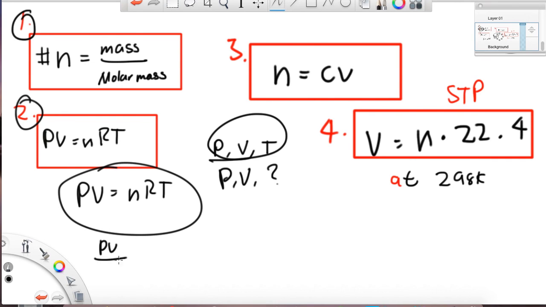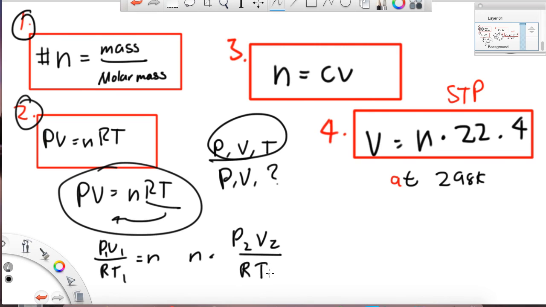PV over RT, just bring that down there, equals n. You know that the number of moles before and after did not change. So P1 V1 over R T1 would be equal to P2 V2 over R T2, after the change.